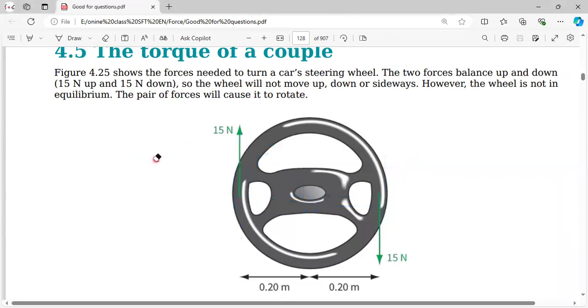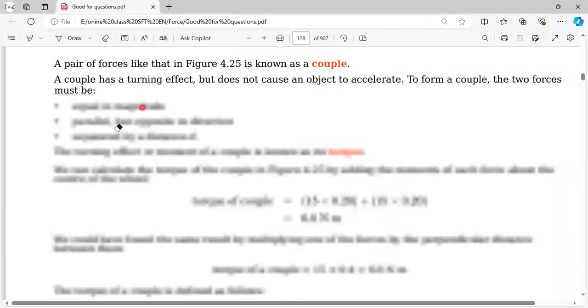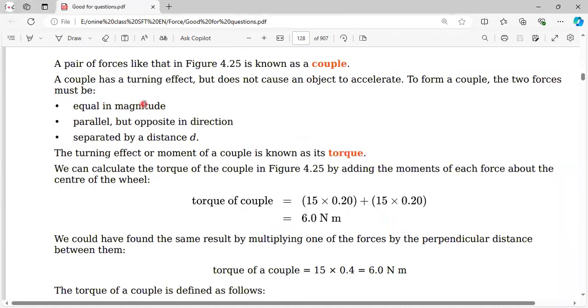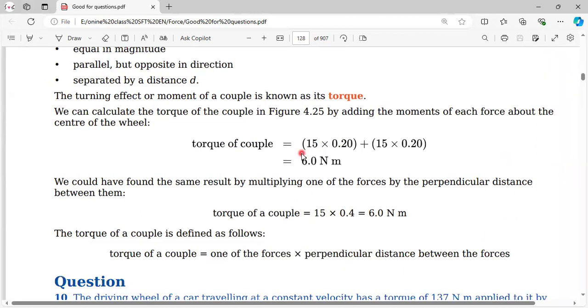It is just a matter of these three conditions: equal in magnitude, parallel but opposite in direction, separated by a distance, right?